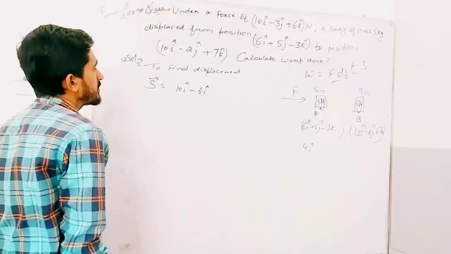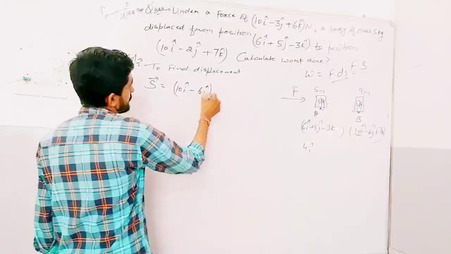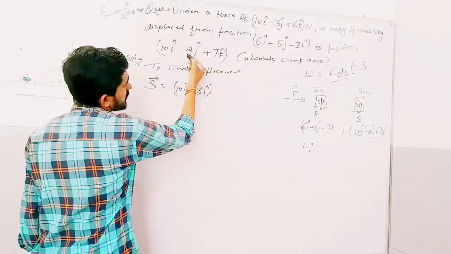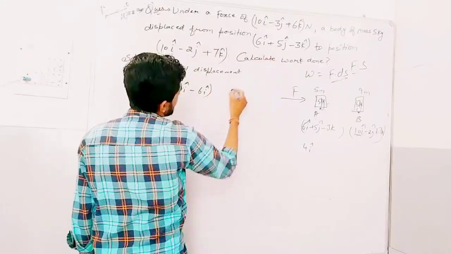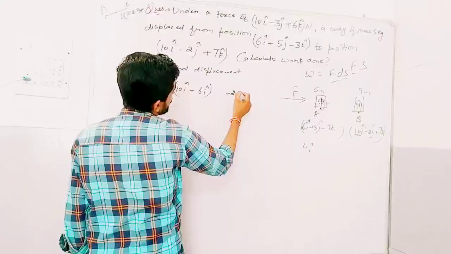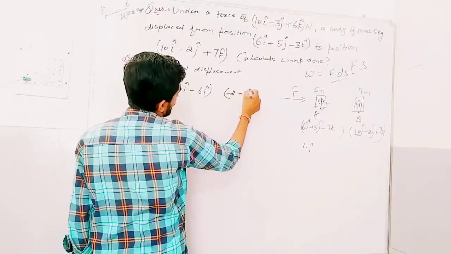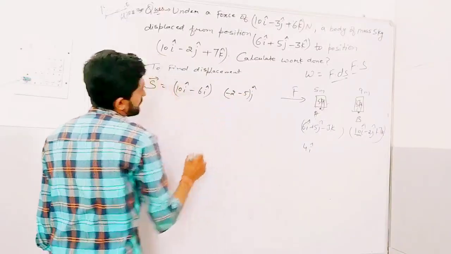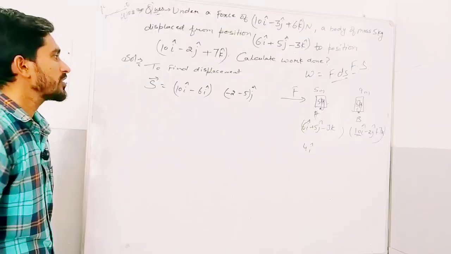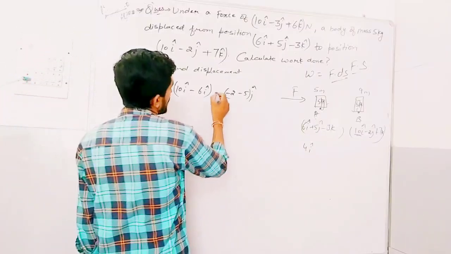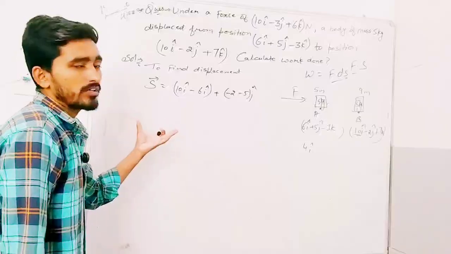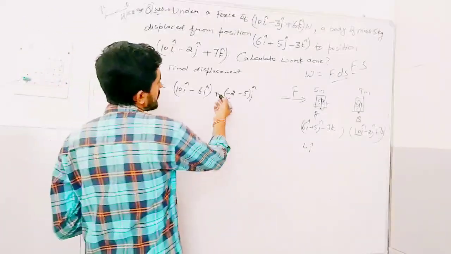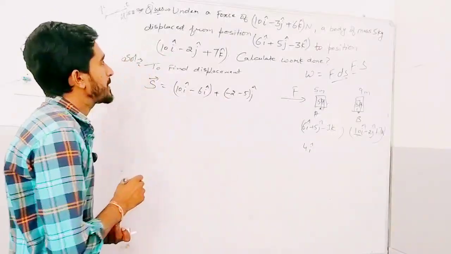Now for j cap, final minus initial: minus 2 minus 5 j cap. You can add a plus sign here, this is not a cross product.